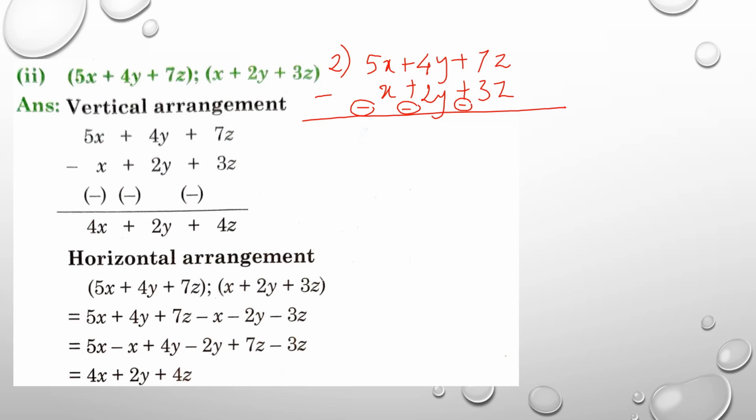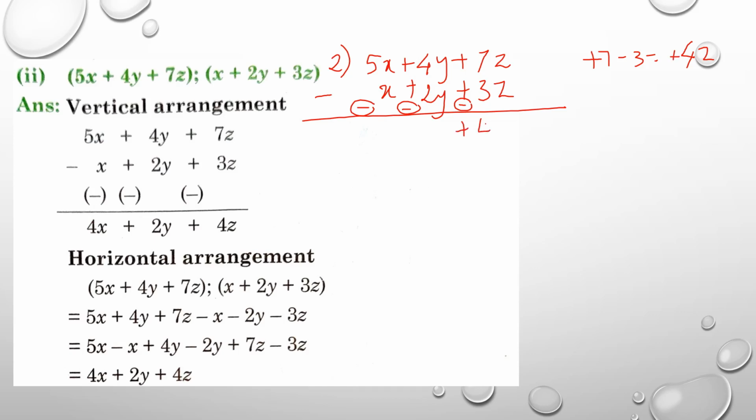Okay. Now let's do the subtraction. Plus 7 minus 3. So what you have to do? Subtraction. 7 minus 3 is what? 4. So 4z. 7 is the bigger number. Before that, which sign is there? Plus sign is there. So plus 4z.